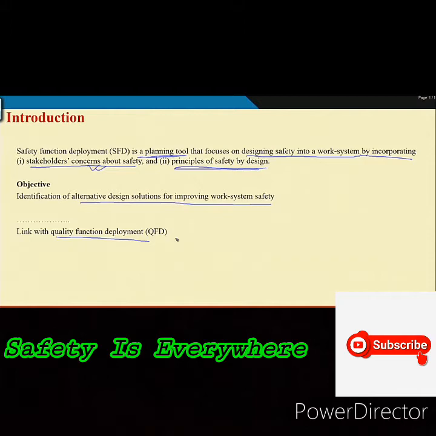The details of quality function deployment are available in many standard textbooks, you may go through them, but I have applied this concept in developing safety function deployment, and our primary purpose here is, like in QFD where we design quality into the product, to design safety into the system where people will be working. Okay. So, I request all of you to go through QFD, because that will give you some more insights into what we have developed here, but nevertheless this is self sufficient and you will be able to understand.